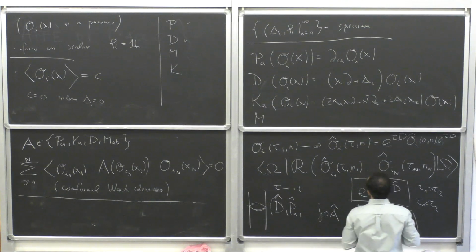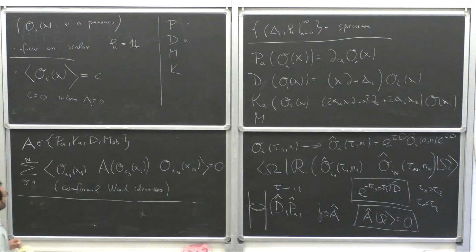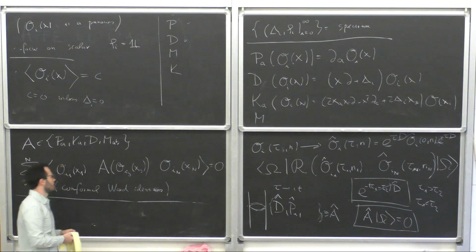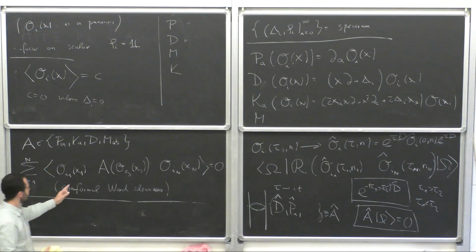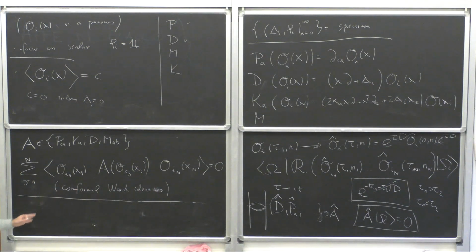Okay, let me maybe leave that. Well, yeah, but sorry. In this formula, there is a bunch of x's, and none of these x's are ever at the same point. So the contact terms which are important in Ward identities are those between the current and the local operators.